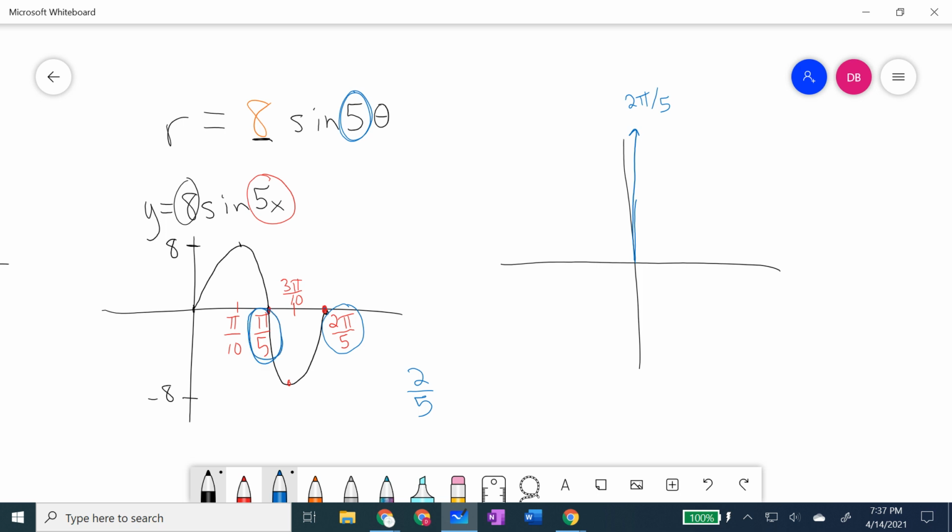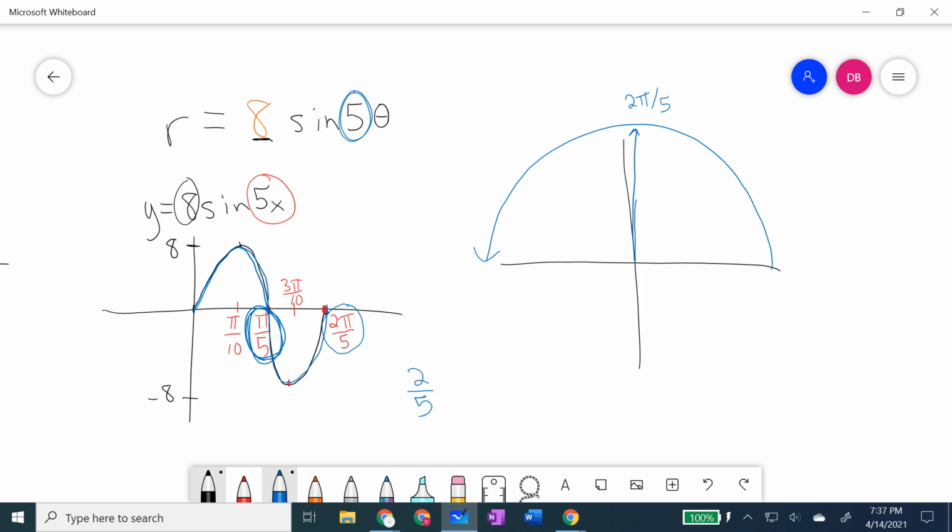What normally happened at pi is happening at pi over 5. So what I'm seeing is this bump has to go back and forth 5 times as I rotate from 0 to pi.